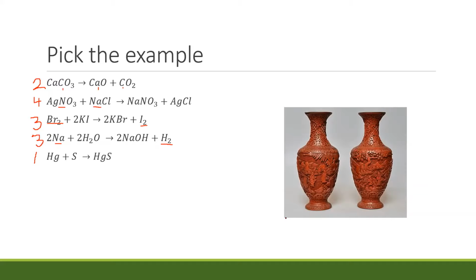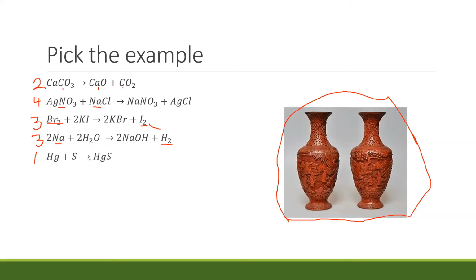On the right here, by the way, these are vases made out of cinnabar. Cinnabar was a popular dyeing material, a compound that they used in dye. It was this bright red, and it's this material over here, HgS.